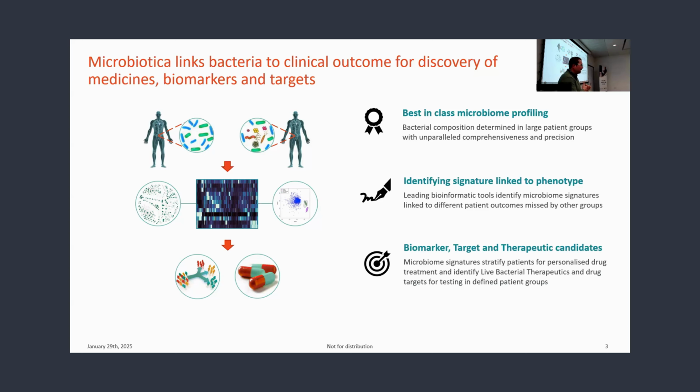So we address a certain clinical question within a group of patients, and we correlate the microbiome signature to that clinical question. From that signature, we can develop biomarkers to stratify patient populations that can receive a certain type of therapy, or develop a live biotherapeutic product.